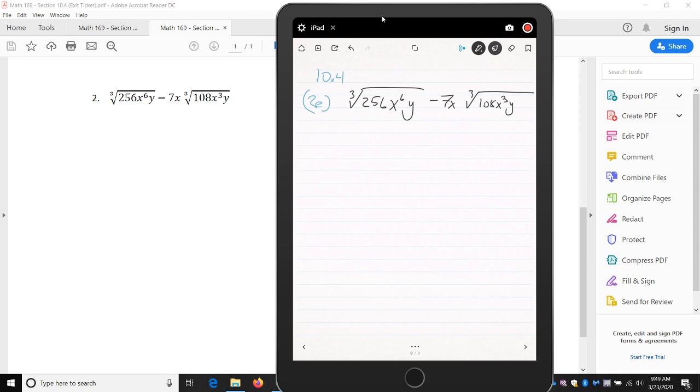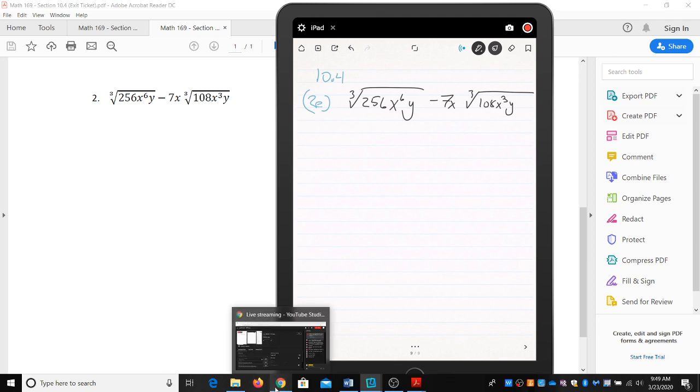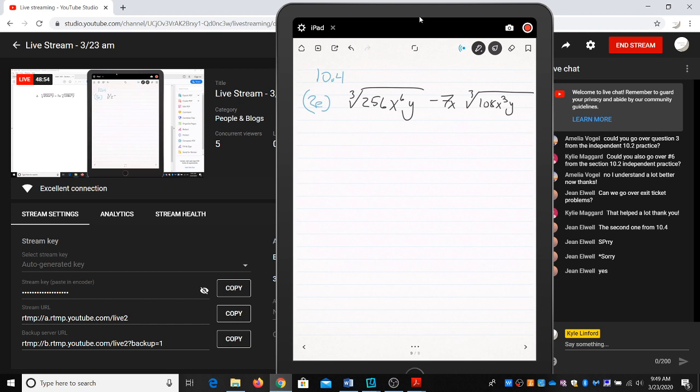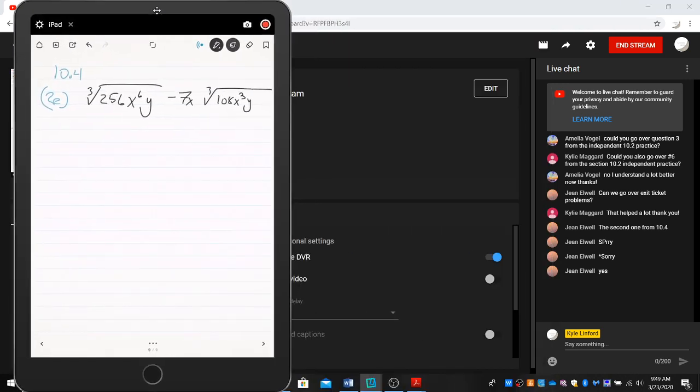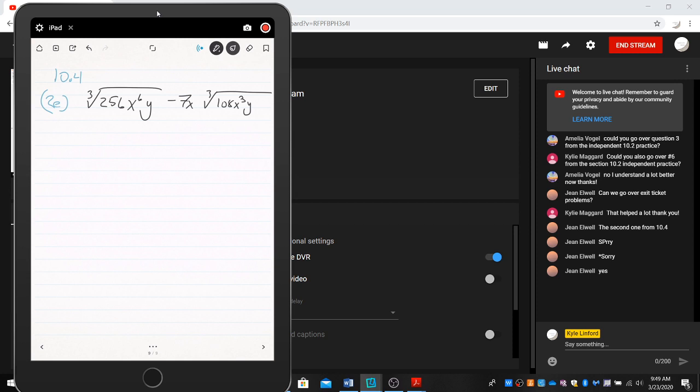Okay, one of the things that I'm going to do right away, Gene, is simplify each of these down separately, just because I don't like stringing everything together in one big expression. So I'm going to simplify the first one in blue, and the second one I'll simplify in red. If you have any questions about how each thing is getting simplified, let me know. I'll pause my work and we can go back over it.